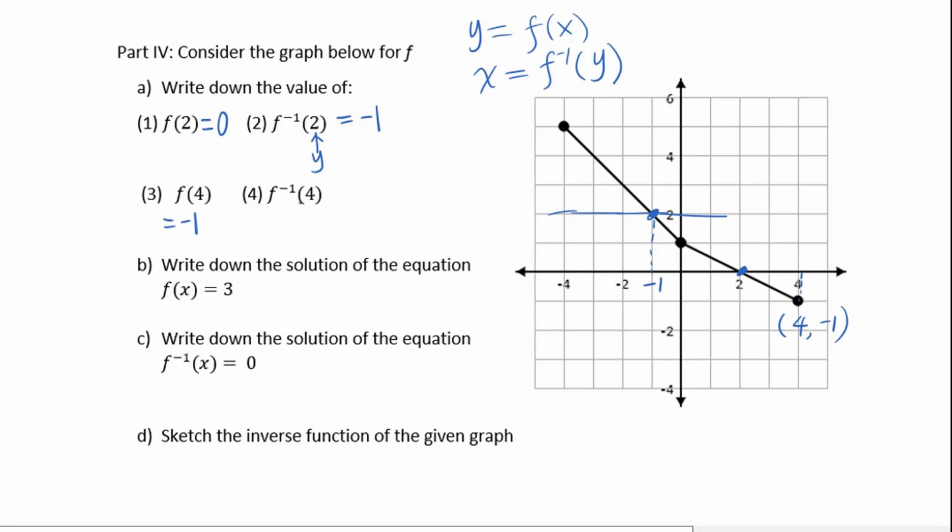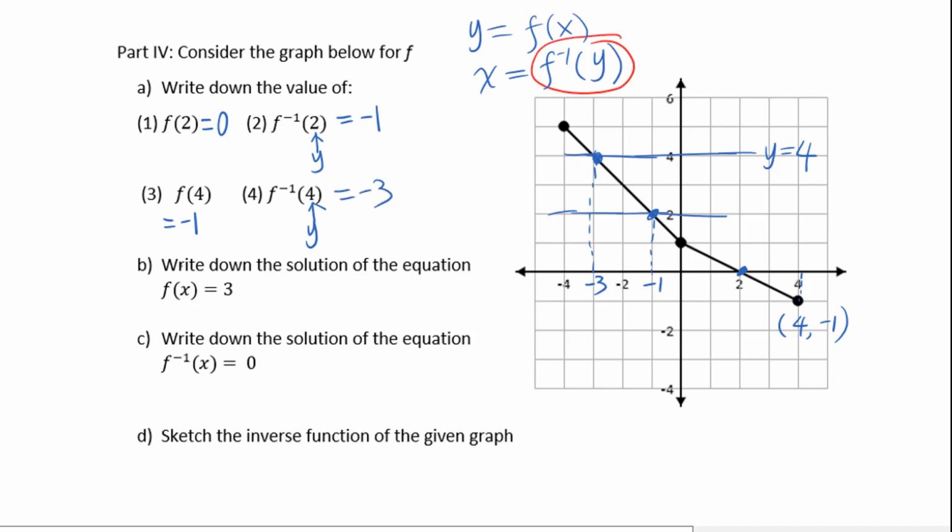For number 4, inverse of f of 4. This 4 is y. Y equals 4. Draw this horizontal line. Y equals 4. The x coordinate of this intersection will be the solution. So this is -3.